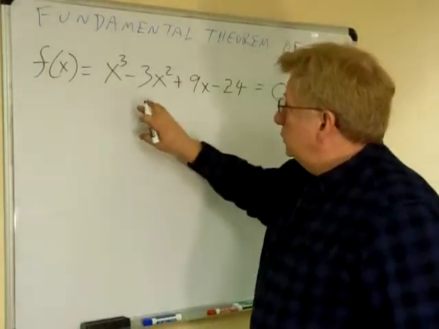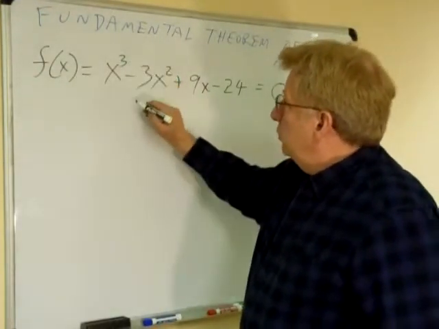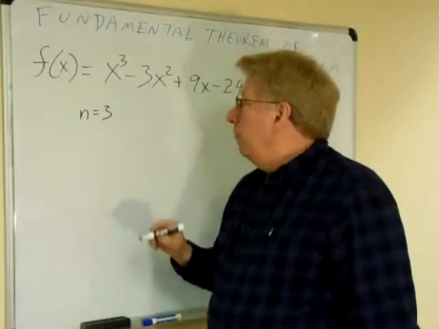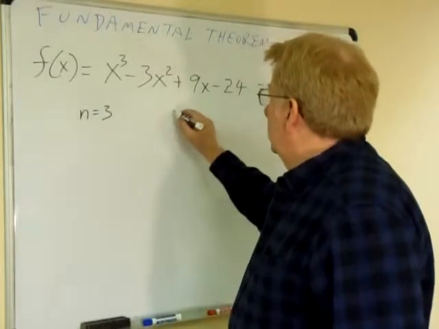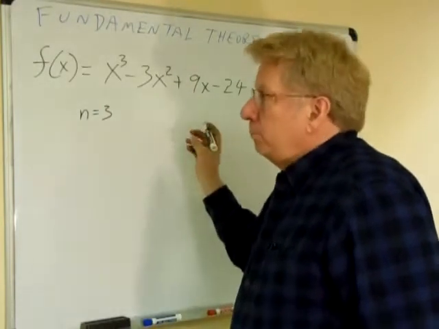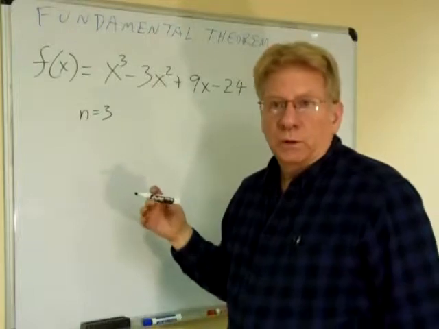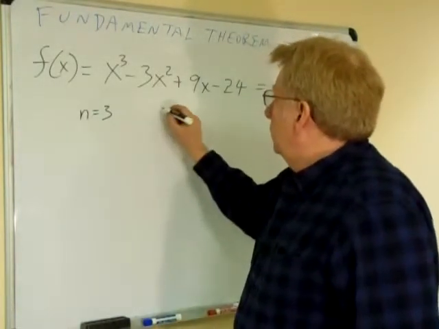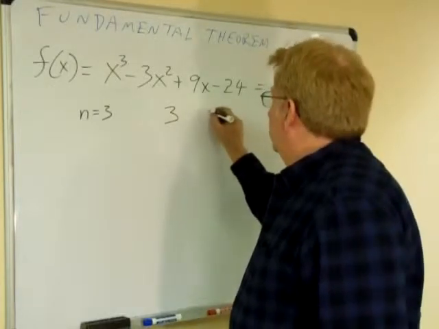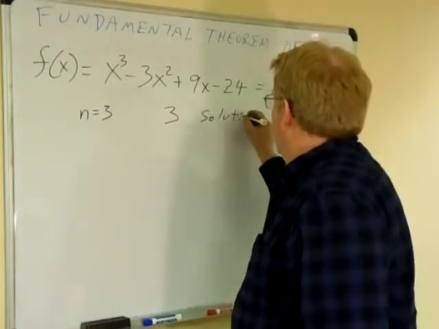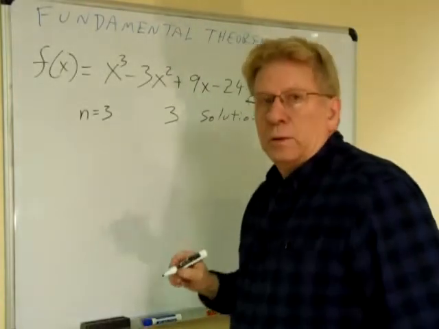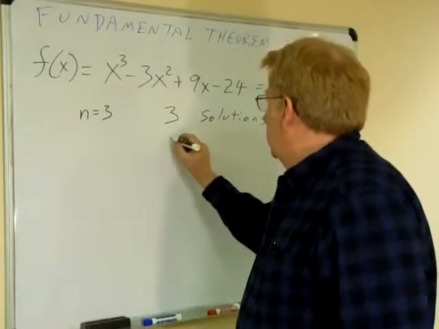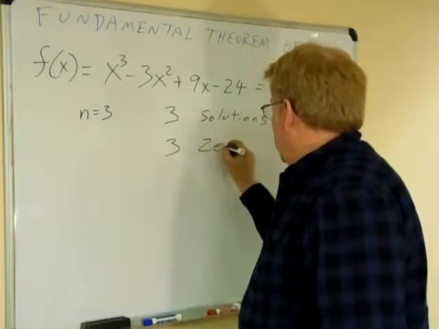So the fundamental theorem of algebra, the highest exponent is 3, so n equals 3, which is a positive value. So that tells us that there's at least one complex factor. It tells us that there are 3 solutions, which may or may not be repetitious, and it tells us that there are 3 zeros.